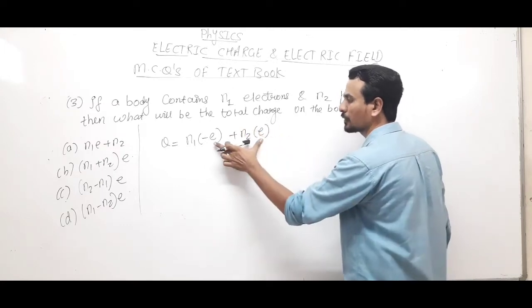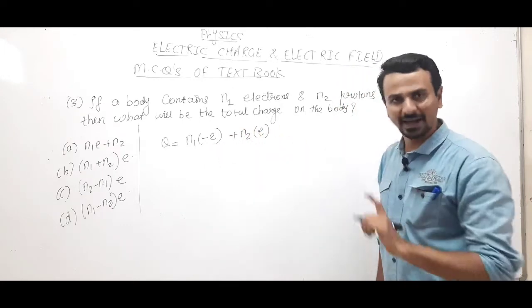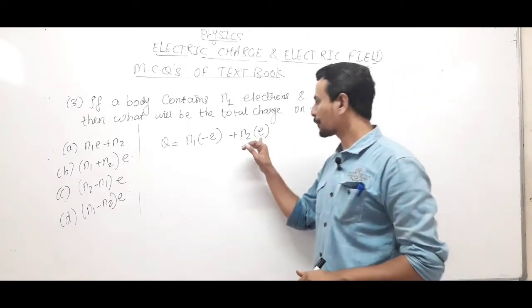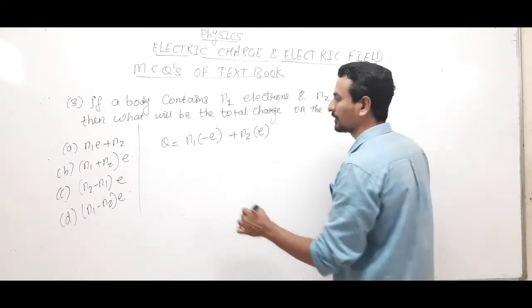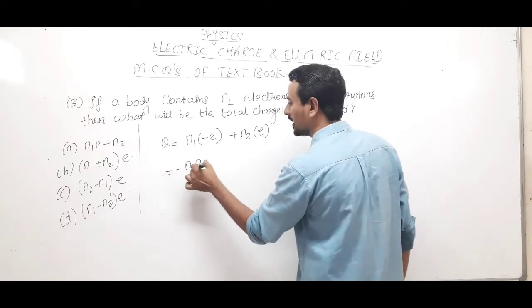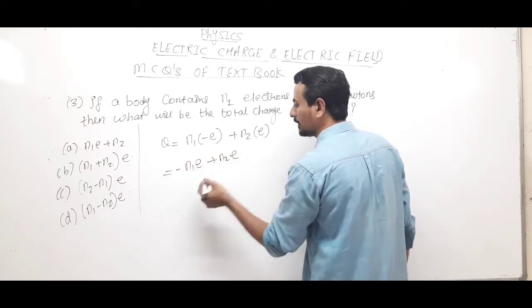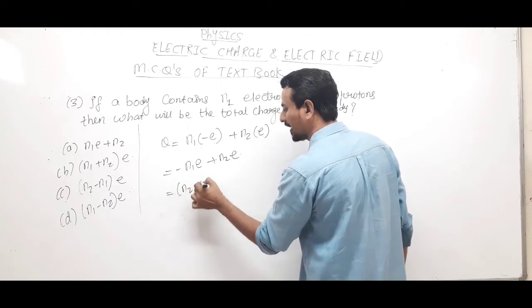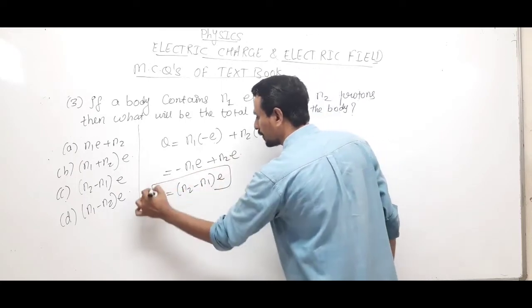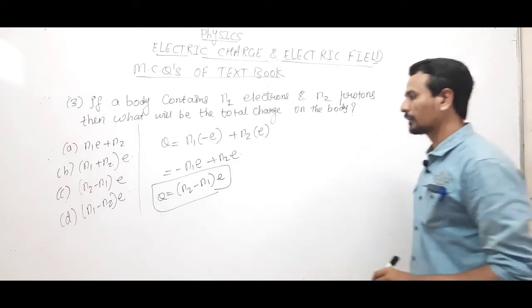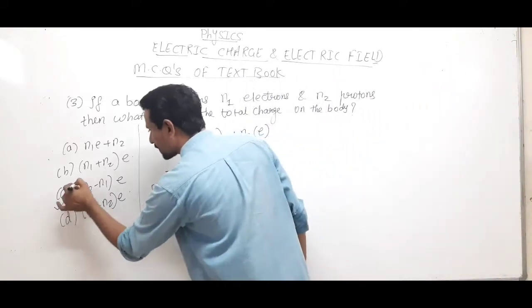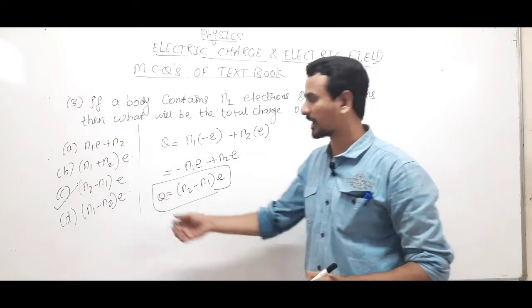Charge of proton and electron are equal in magnitude, just the proton is positively charged and the electron is equally negatively charged. So this will be equal to -N1e plus N2e. This can be written as N2 minus N1, with e taken common. So this will be the total charge on the body, and this is your correct option. Clear? So C is the correct option.